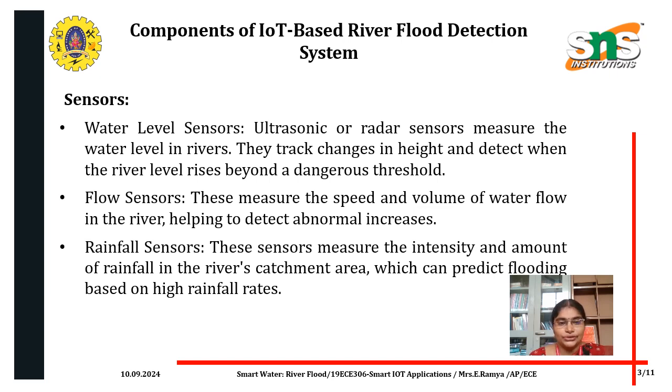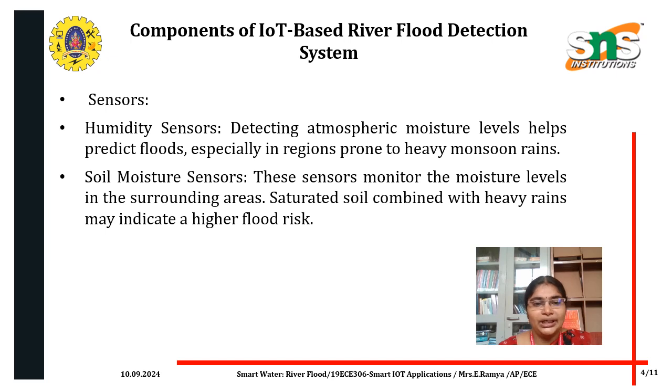Okay students, what sensors are used to identify the river flood? One is the water level sensor and another one is the flow sensor. Next one is the rainfall sensor. The third one is the humidity sensor. It detects atmospheric moisture level, which helps predict floods, especially in regions prone to heavy monsoon rainfall.